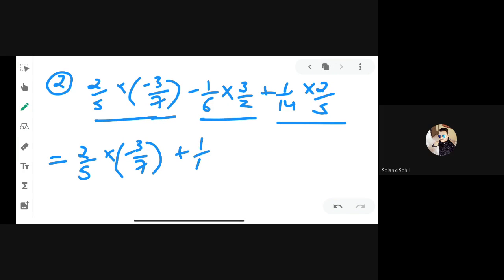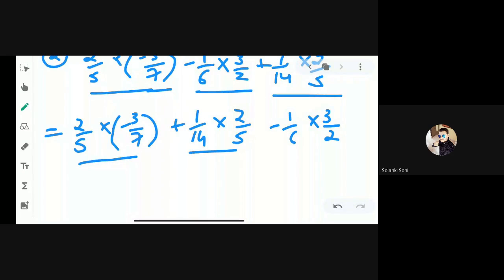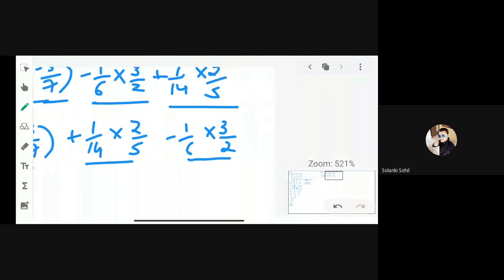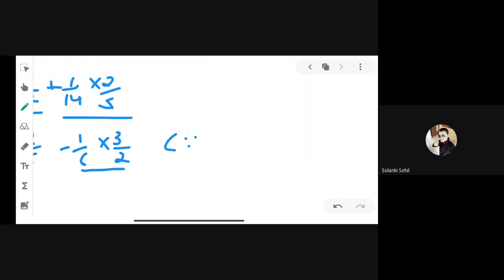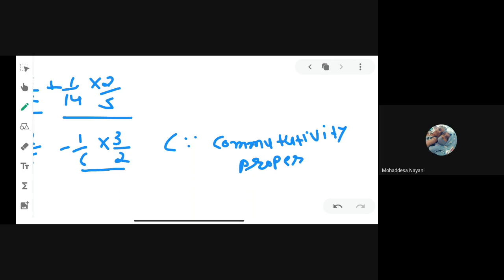Now we write the third term, 1 by 14 into 2 by 5, and now we write the second term, minus 1 by 6 into 3 by 2. It is first term, third term, and second term. What property are we writing here? Commutativity property. Yes or no? Yes, sir.